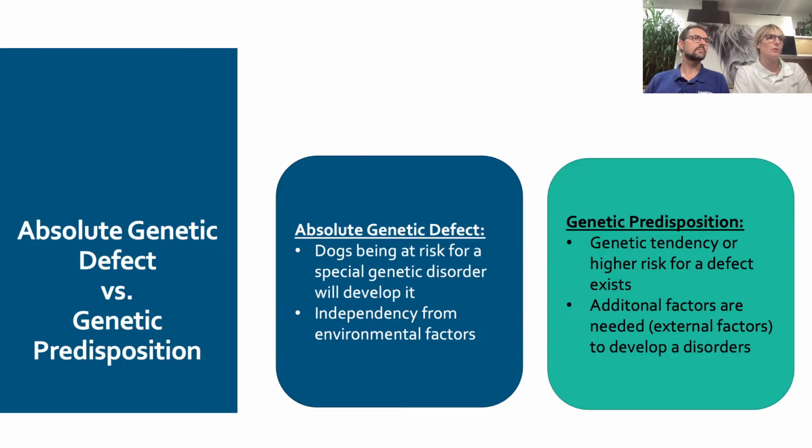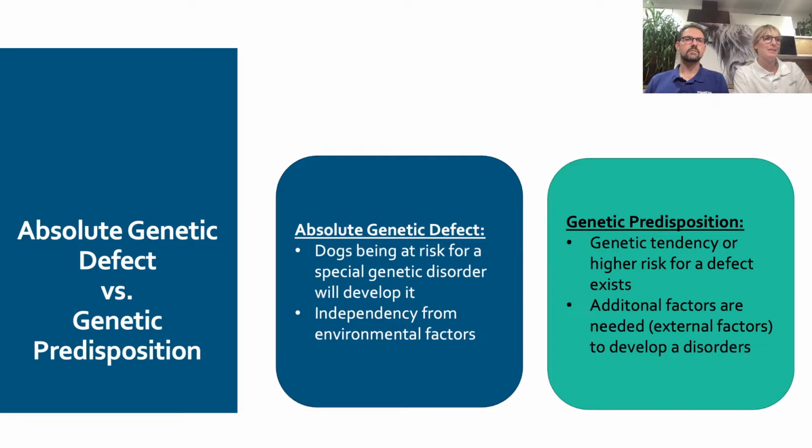It's a bit different with genetic predispositions, because here we do not only have something in the DNA of a dog that makes trouble. To develop a disorder, we have additional factors like external factors, and both together can lead to developing symptoms.